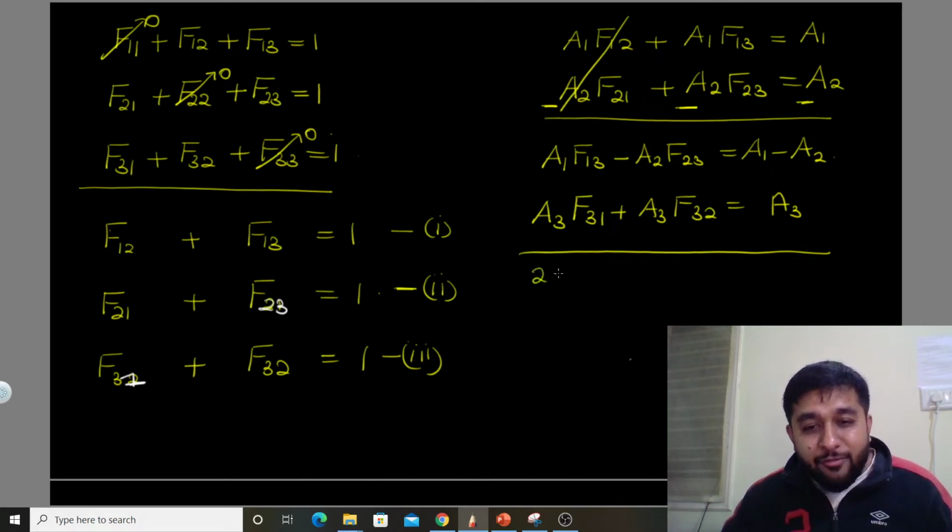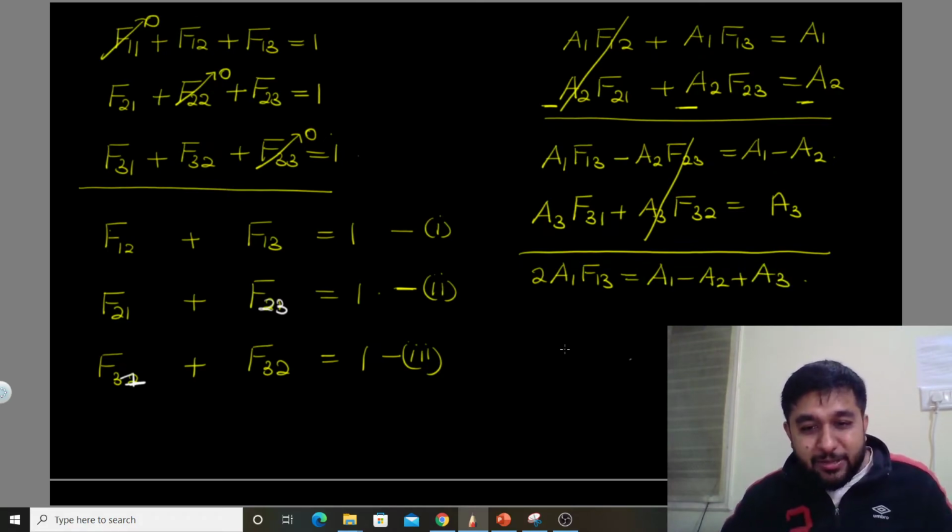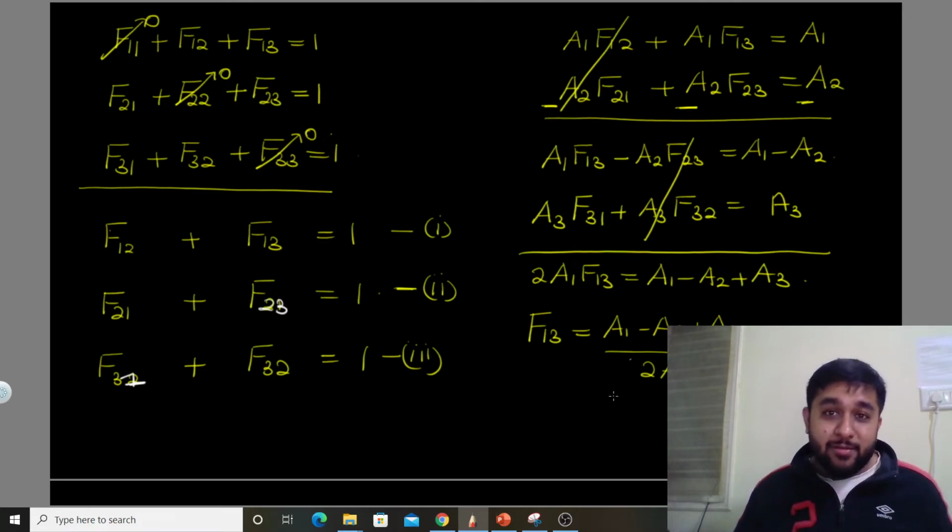So you will have twice A1F13. These two will add up and become double. This will cancel out. And here you will have A1 minus A2 plus A3. So now I can write down F13. F13 is going to be A1 minus A2 plus A3 upon 2 times A1.